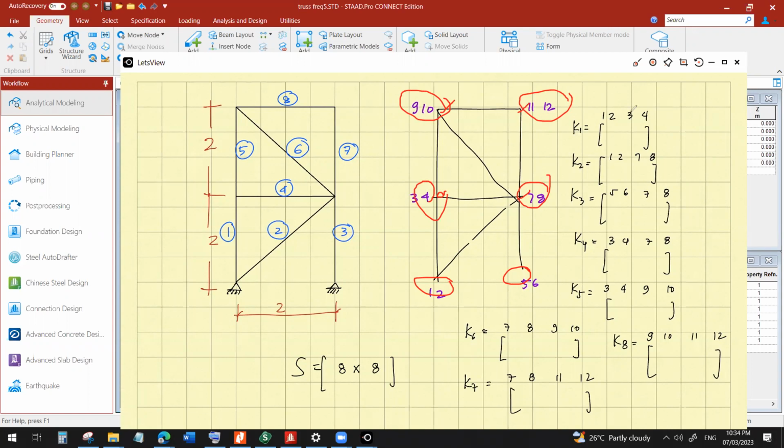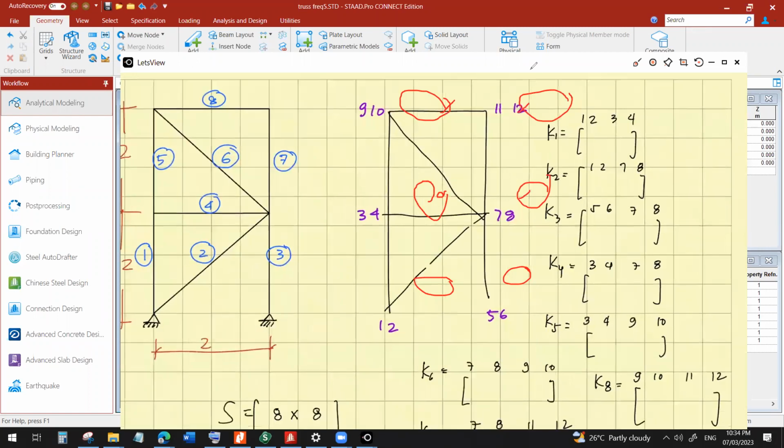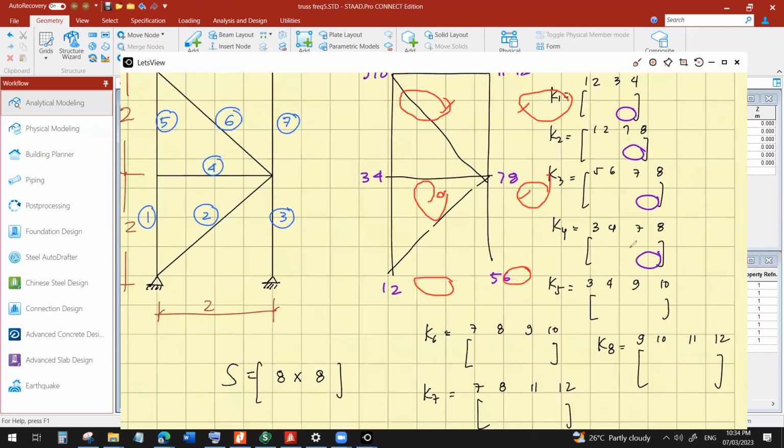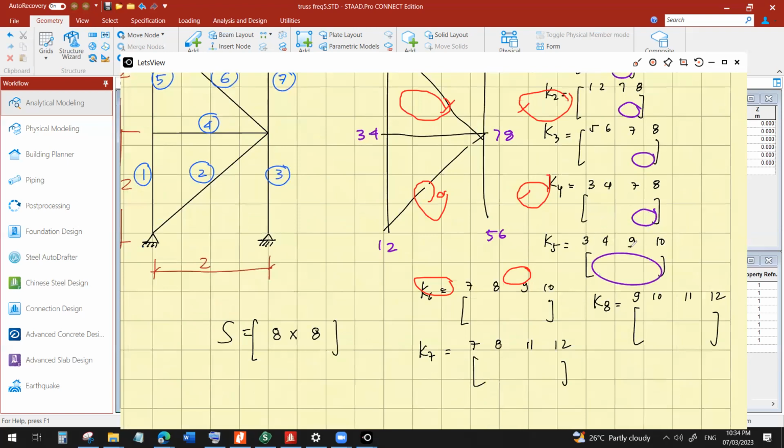So, bilugan ko na lang dito. So, 3, 4, ito, 7, 8, yan. 7, 8 ulit, no? 7, 8, again. 3, 4, 9, 10 is kasama na sila lahat.